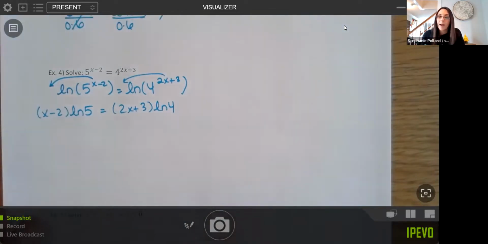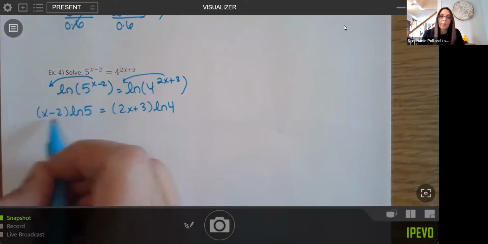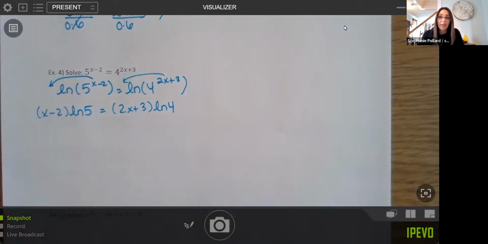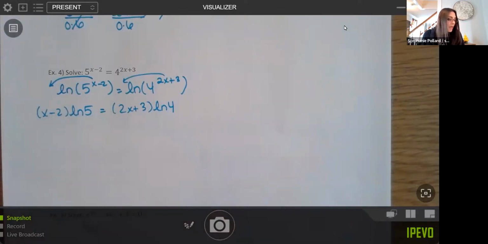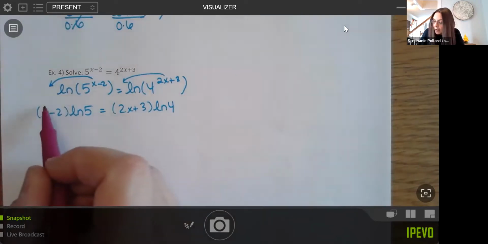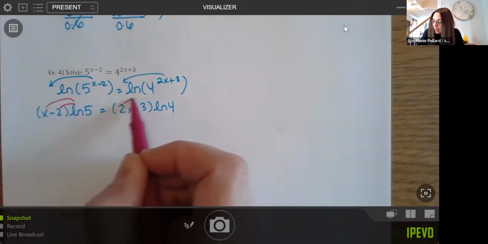Remember that when you bring that power out front, it is being multiplied. Because it's more complicated, I do want to leave it in parentheses to show that that whole thing is being multiplied there. And same thing on this side. Now, what I'm going to do is I need to keep solving for x. I want to get x by itself. I'm a little bit stuck right now, so I'm going to have to clean this up. And I'm going to start by distributing and multiplying through.